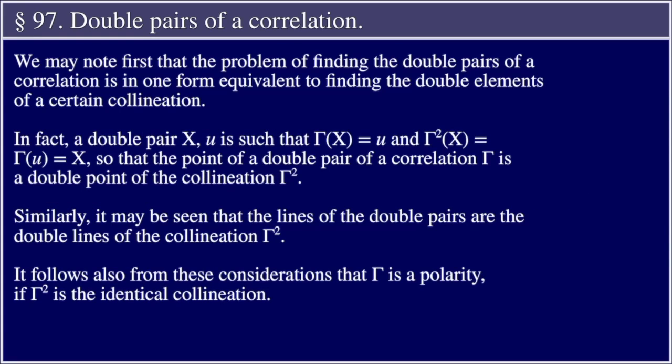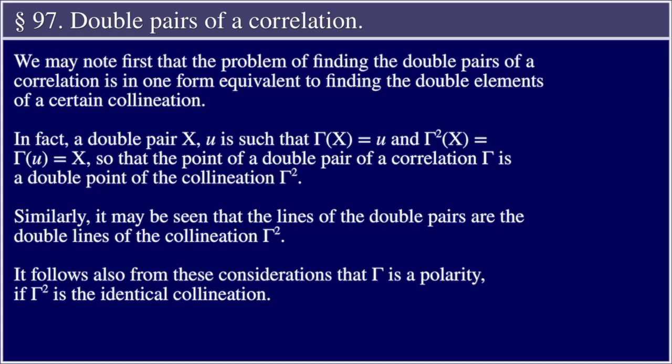We may note first that the problem of finding the double pairs of a correlation is in one form equivalent to finding the double elements of a certain collineation. In fact, a double pair XU is such that gamma of X equals U and gamma squared of X equals gamma of U equals X, so that the point of a double pair of a correlation gamma is a double point of the collineation gamma squared.